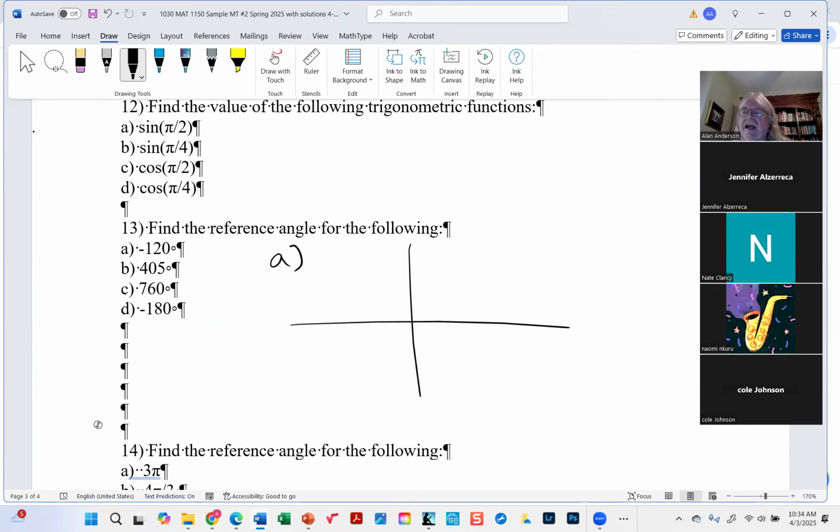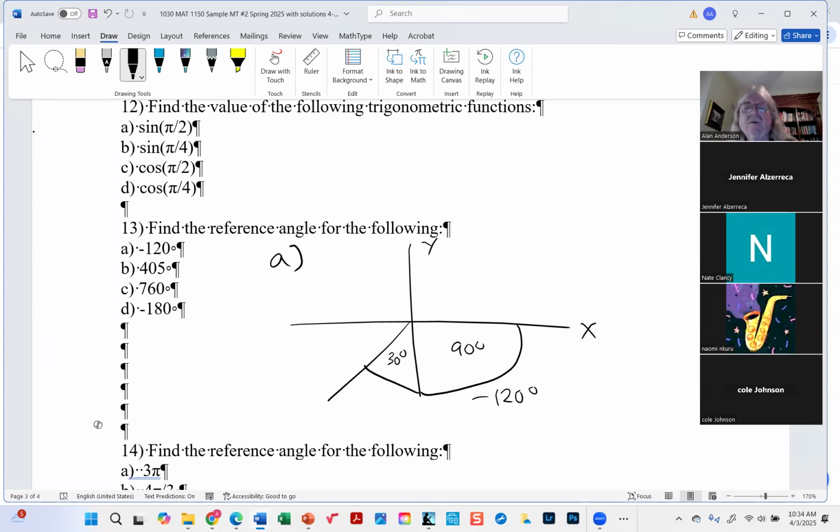Whatever angle we end up with is considered to be negative, okay? If we go counterclockwise, then the angle is instead positive. So negative 120 means that what we're actually doing here is that we're starting on the horizontal axis. We're going 90 degrees to the first quadrant, and then another 30 degrees into the second quadrant. And that's where we come up with negative 120.